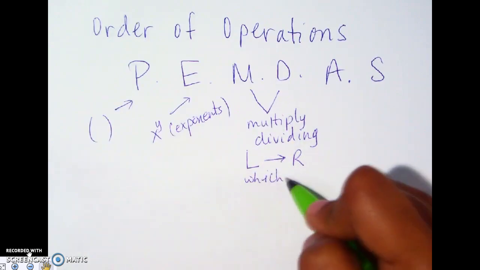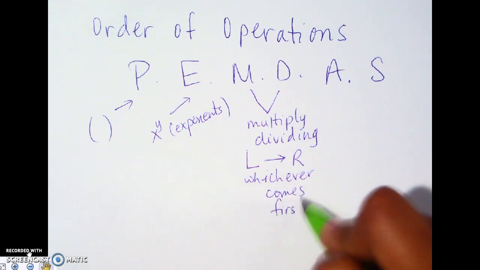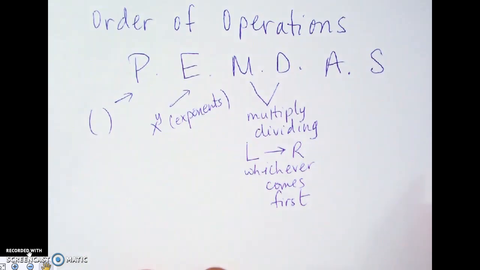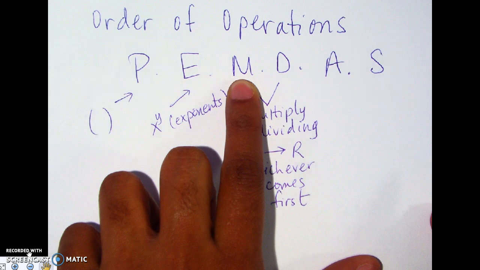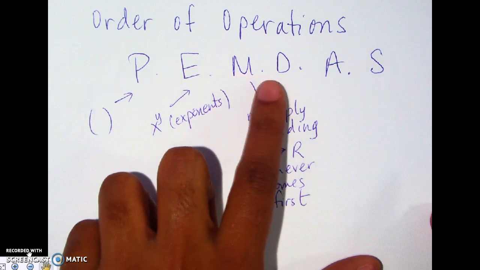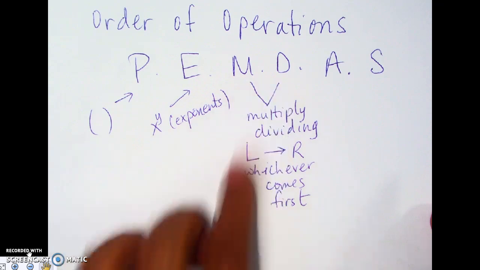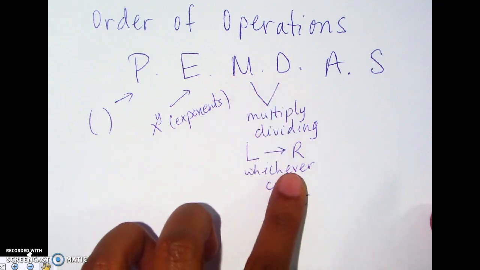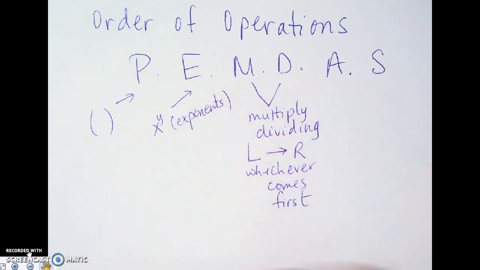So what I mean by that, just to be clear, is that you may sometimes encounter division before you encounter multiplication. You may encounter multiplication before division. And so therefore, whichever one of these two comes first, from left to right, that's what you're going to do. But make sure that you do multiplication and division before you do addition and subtraction.